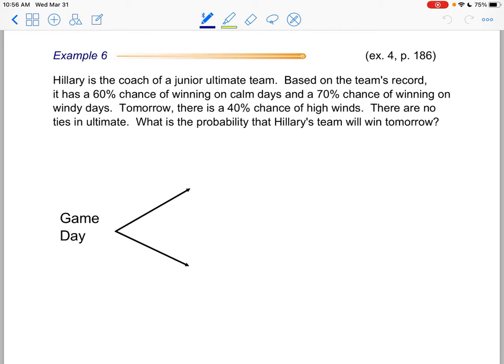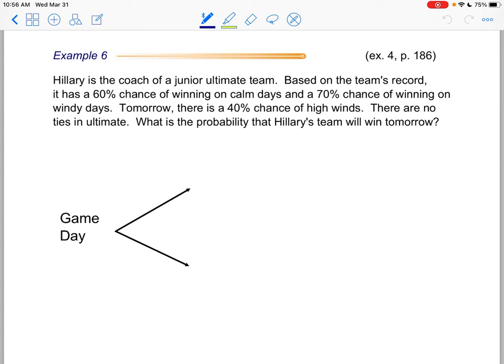So this is a case where there are a couple of different things you need to look at. First, there is the probability of winning in general. And then there's the probability of what the weather will be. So there are basically two cases here, right? It's the case that the weather is calm and they win.